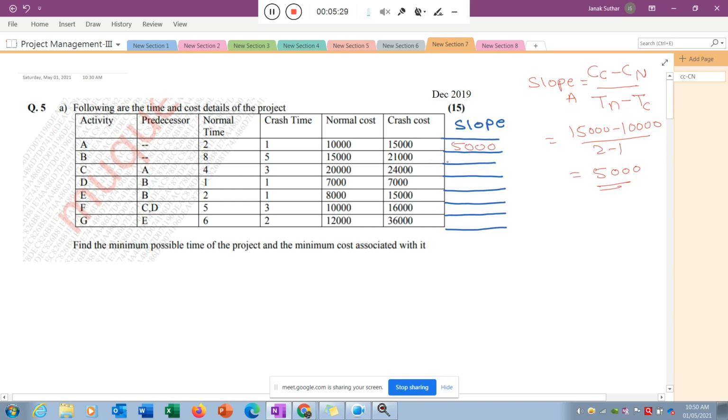For activity B, the slope is 21,000 minus 15,000, divided by 8 minus 5. 8 minus 5 is 3, and 21 minus 15 is 6, so 6000 divided by 3 is 2000. I quickly calculate all the things. The next one is 24 minus 20, divided by 4 minus 3, so it will be 4000.